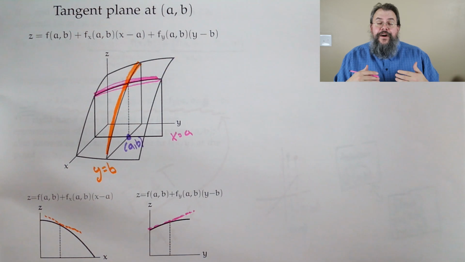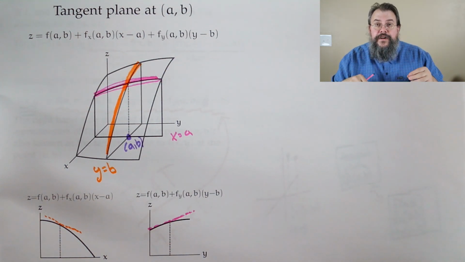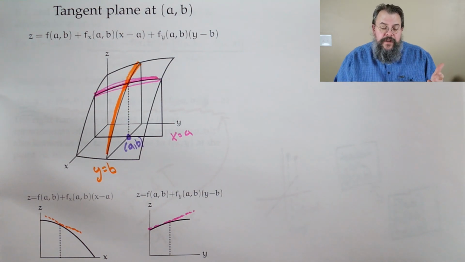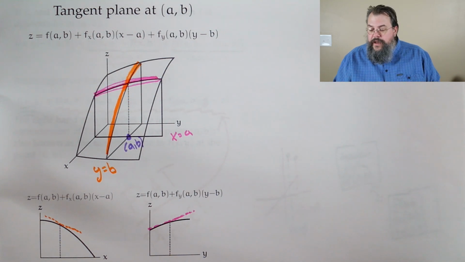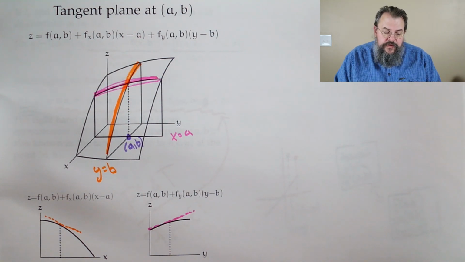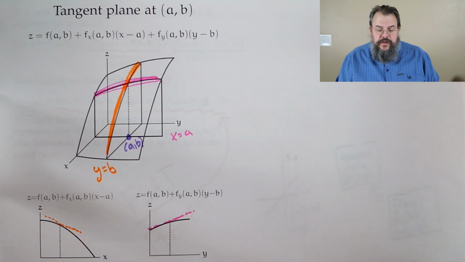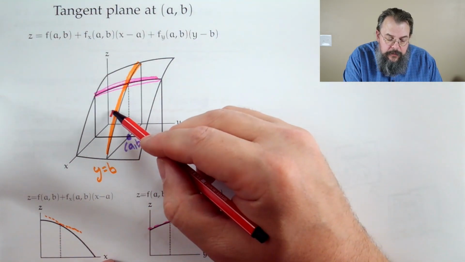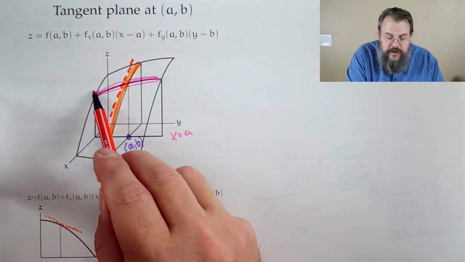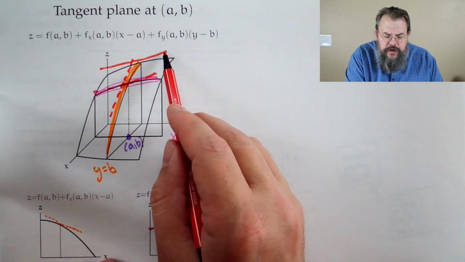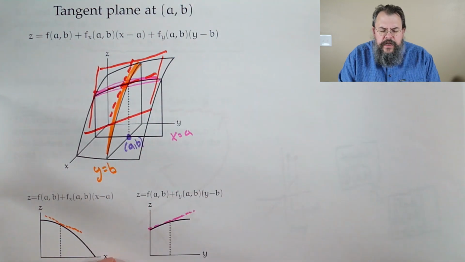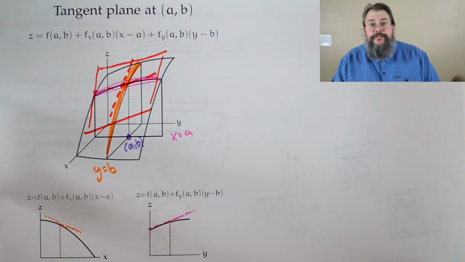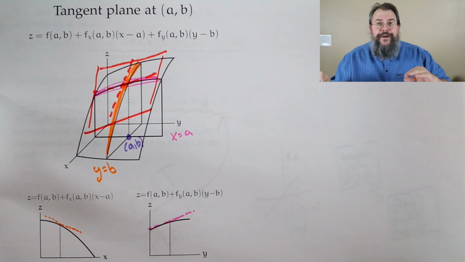Partial derivatives are telling us rates of change of the curves in our cross sections. In other words, they're telling us how to make our tangent lines. So this is really wonderful. The moral is, once we've taken these different cross sections, we have one tangent line here, another tangent line here, and we put them together and we get our tangent plane. And so that's our idea.